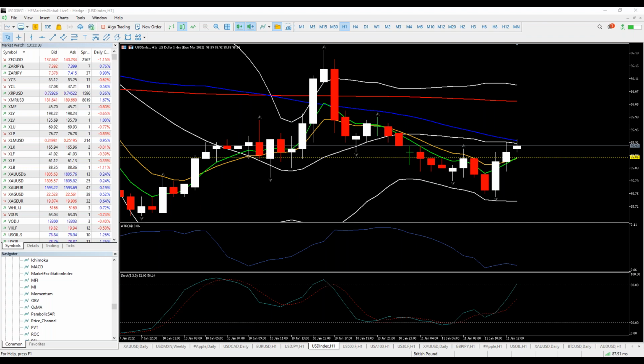For example, we have over here our ATR, stating that the dollar on average is moving by only 6 pips in this 1 hour chart. That's why ATR is commonly used as an exit method.